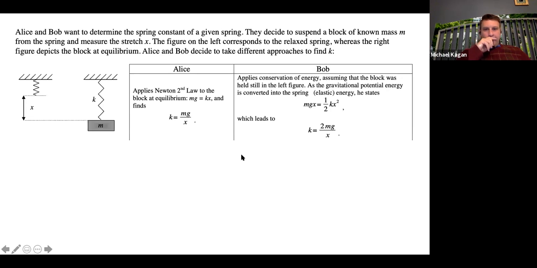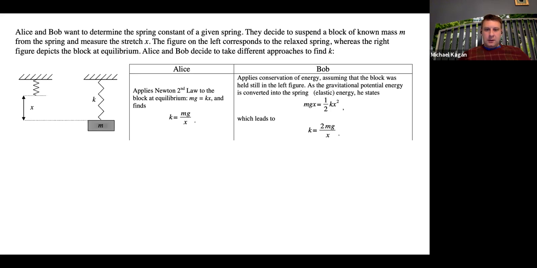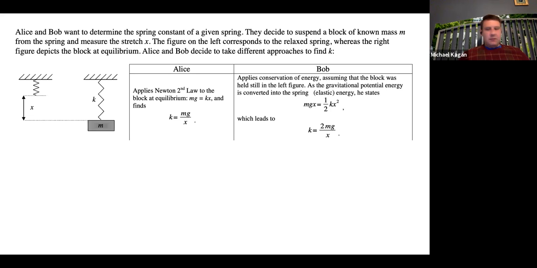What if you just lower the block with zero kinetic energy? Wouldn't there still be small oscillations? You can make it arbitrarily negligible.